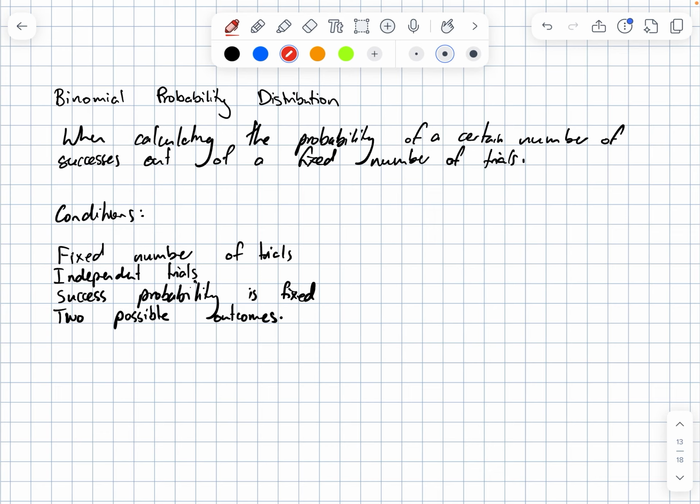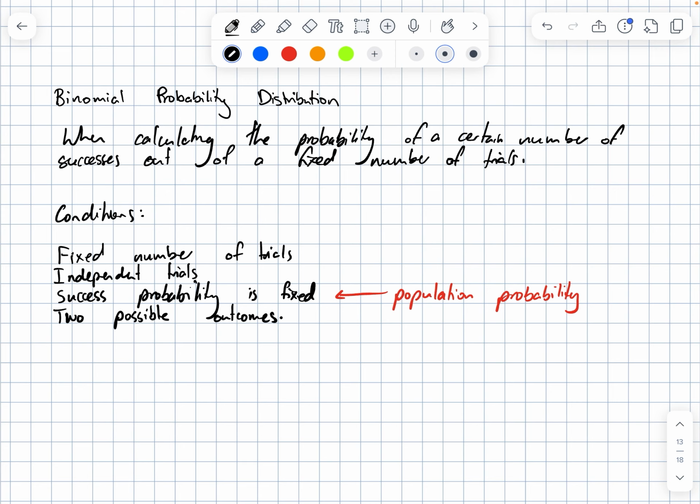Now, when we look at the success probability as fixed, this probability is generally given as the population probability. And what that means is, well, say there was a mechanic who looked at their data over the past year and realized that there was a relatively stable probability of someone bringing in their car and it passing its warrant of fitness.